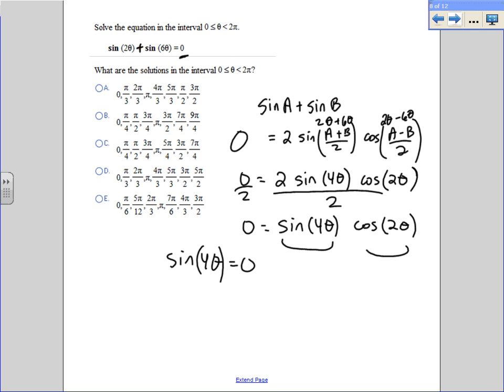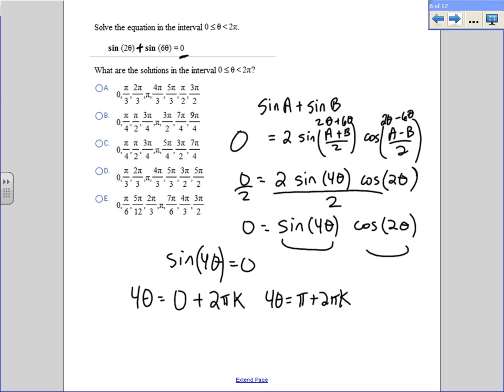So we would have 4 theta equals 0. Now remember, with that coefficient there, we're going to have to look at our general form and say plus 2 pi k. And then the other spot there where it was 0 was at pi. So we'd also get here that 4 theta would be equal to pi plus 2 pi k.